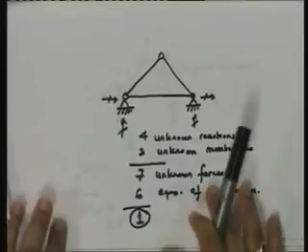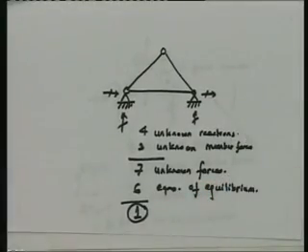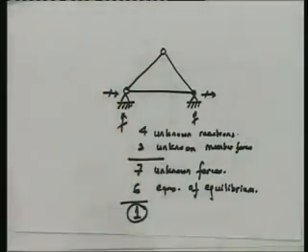It's what is known as a single statically indeterminate structure, or the degree of static indeterminacy is 1. Okay. So, it's very simple. How do you determine the static indeterminacy?